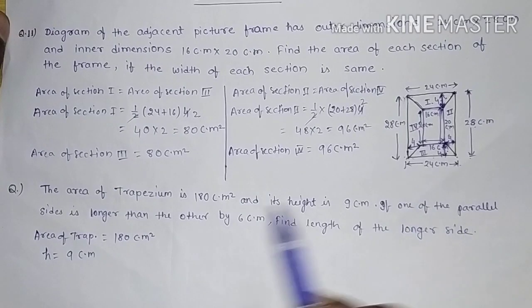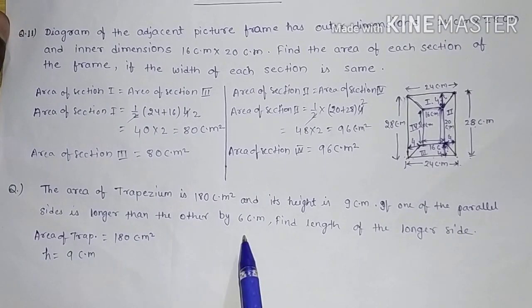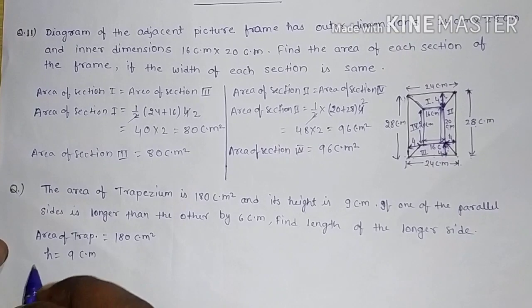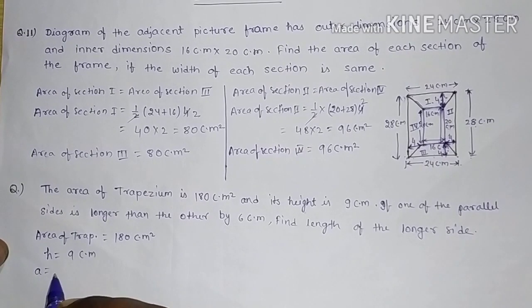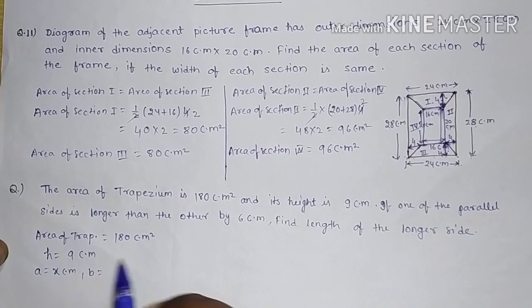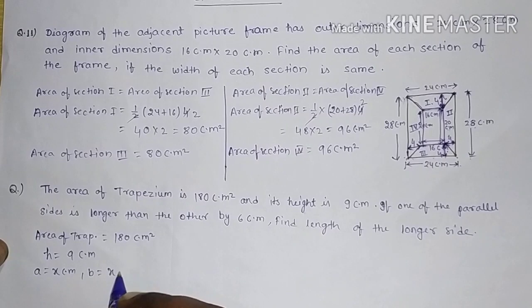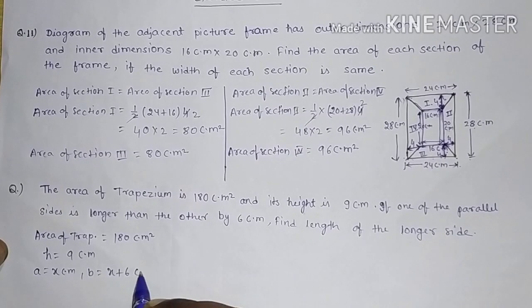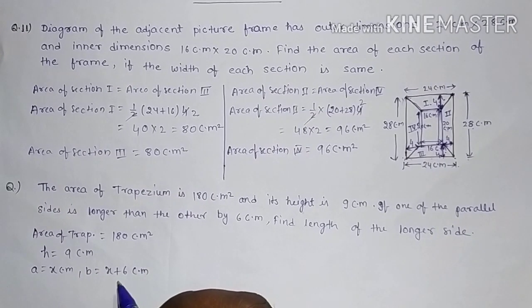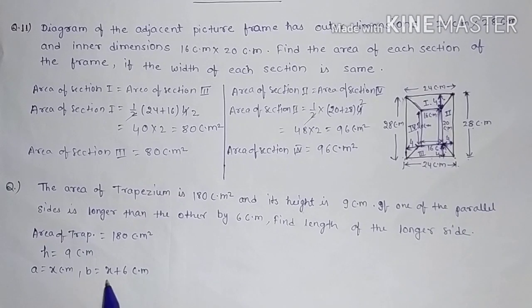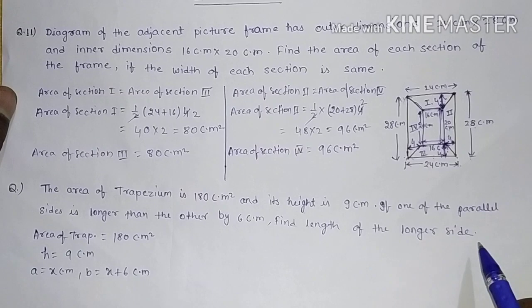If one of the parallel sides is longer than the other by 6 centimeter, find the length of the longer side. So let's suppose one of the parallel sides is x centimeter, and the other, being longer by 6 centimeter, will be x plus 6 centimeter.